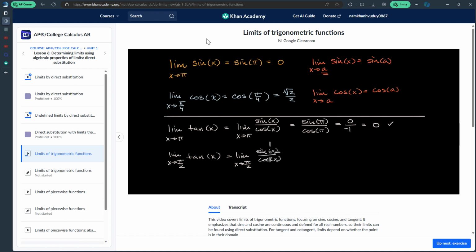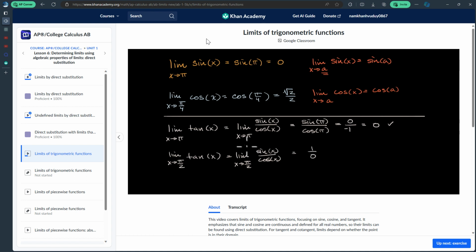Now, sine of pi over 2 is 1, but cosine of pi over 2 is 0. So if you were to just substitute it in, this would give you 1 over 0. And one way to think about it is pi over 2 is not in the domain of tangent of x. And so this limit actually turns out it doesn't exist.